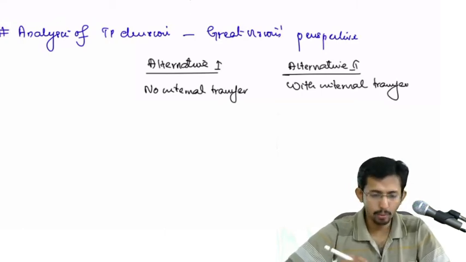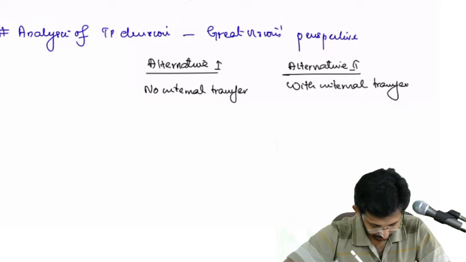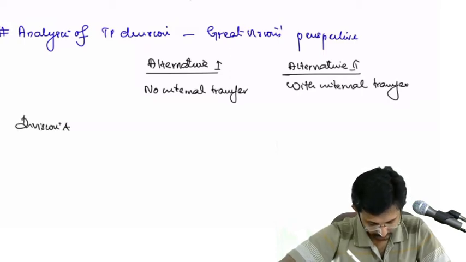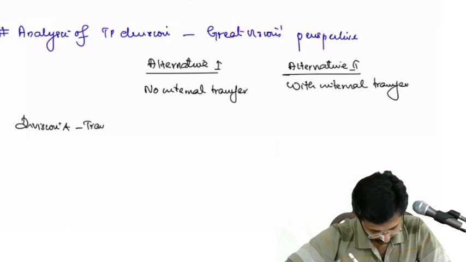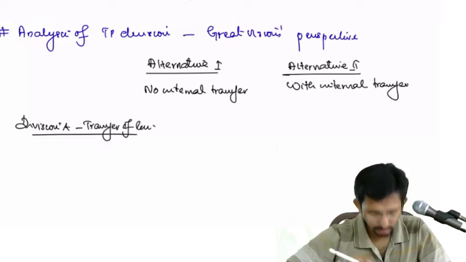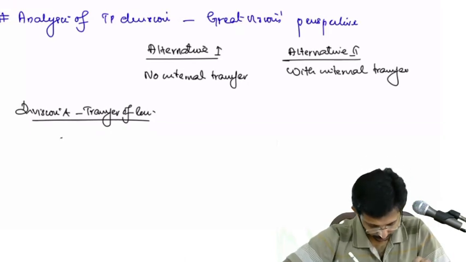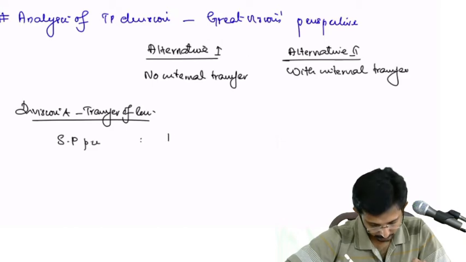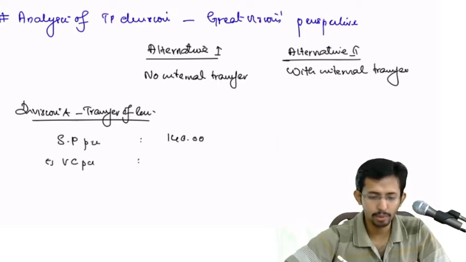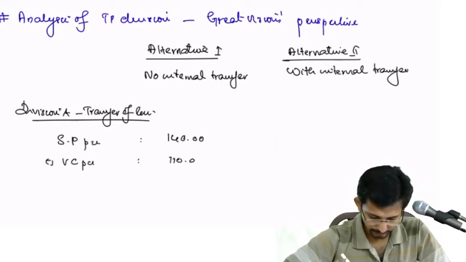So in alternative 1, we will have to take division by division. So division A, transfer of lens. Okay, how do you do that? Selling price per unit of lens is rupees 140 minus variable cost per unit, which is 110.